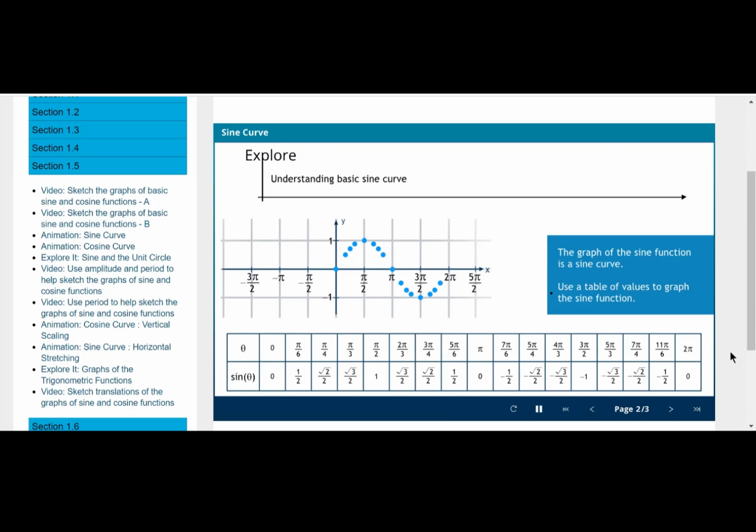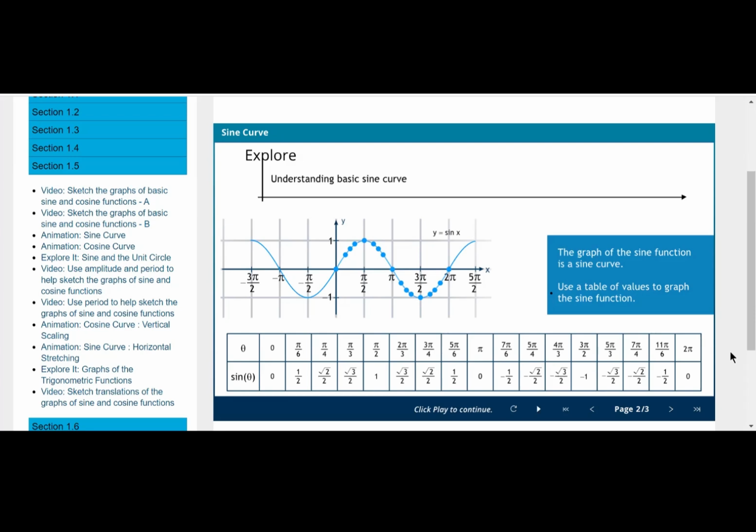So we can get this just from plotting the points that we have on the unit circle of the special angles that we already know. So drawing a curve through those all together, we get the sine wave, and it just repeats infinitely.